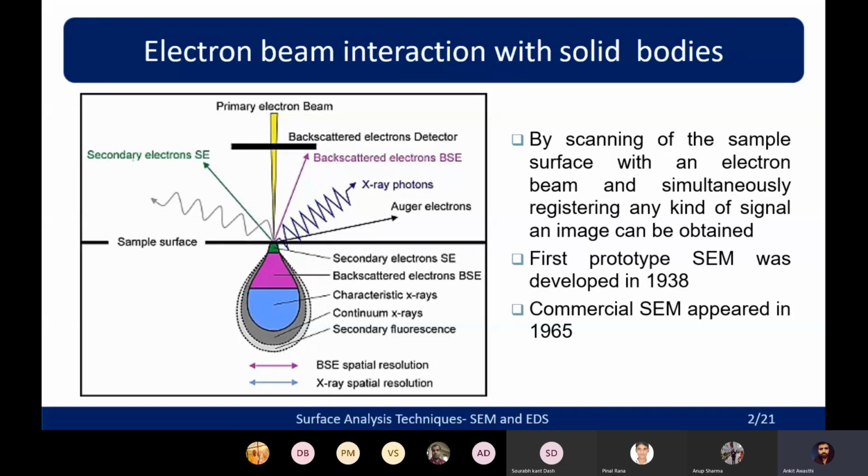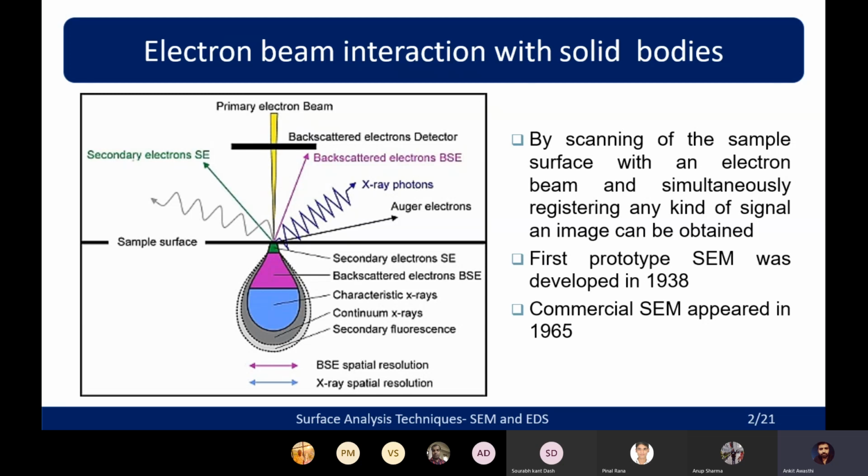So what's actually happening when you hit the surface with the electron beam? Sometimes when the electron hits the surface of the sample, it flies back. That is called backscattered electrons. And sometimes it causes the knocking out of electrons of the sample material. Those are called secondary electrons.